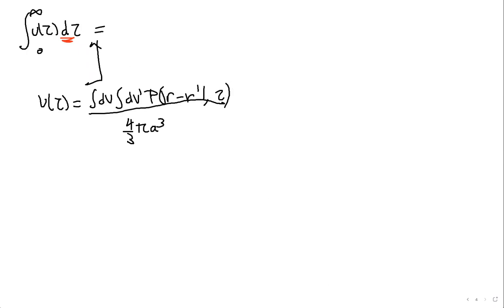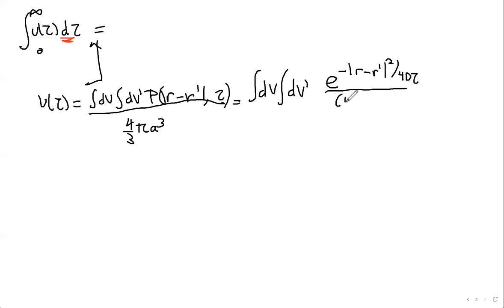So the integral, remember, this quantity here, if I had to write it explicitly, is dv prime, and then exponential of minus R minus R prime squared over 4 d tau, divided by 4 pi d tau to the 3/2. Okay, and in the denominator we had 4/3 pi a cubed, right?